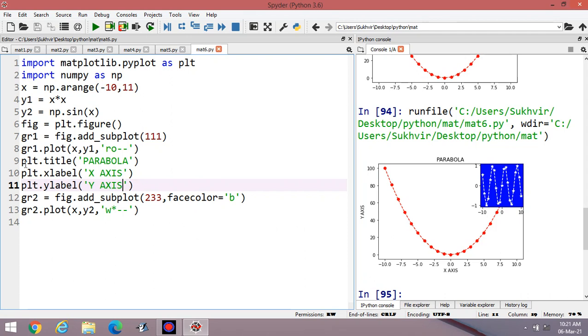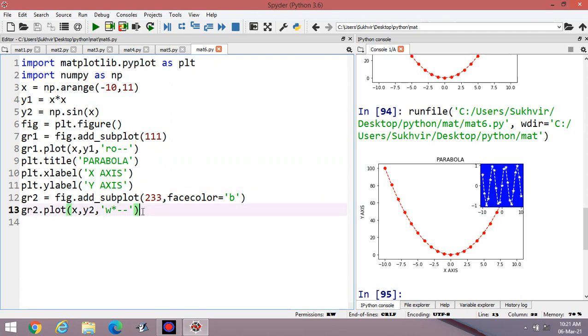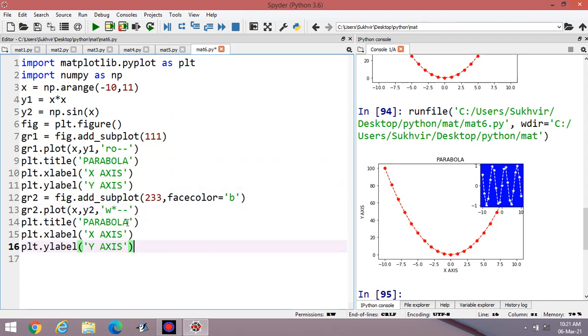And what next? Suppose I am copying this content and pasting here. I am writing here in place of parabola, sin x, x axis and y axis.